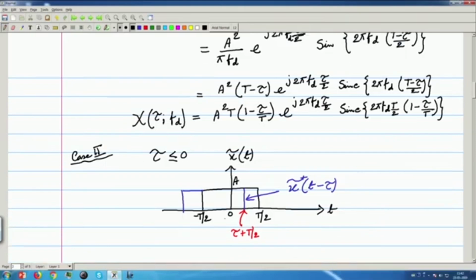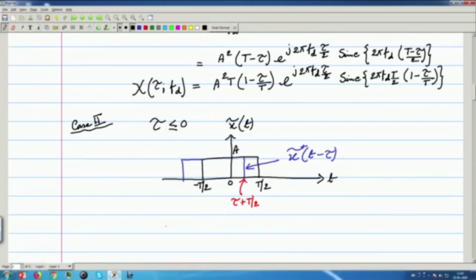Now with this we can come back and write the ambiguity function. Basically, these limits will be minus t by 2 to tau plus t by 2, then a square and e to the power j 2 pi f d t dt.